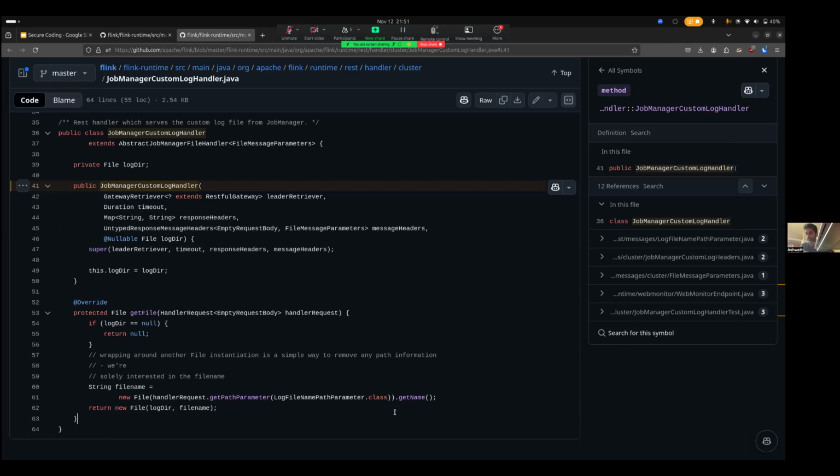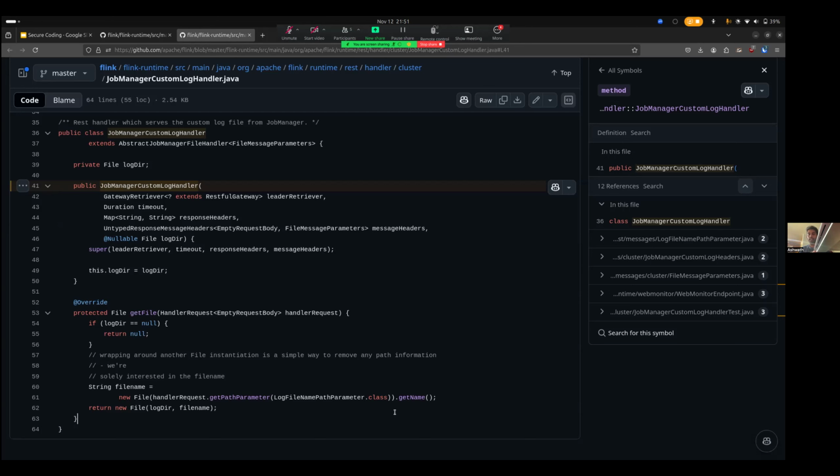So if you have dot dot slash something and you pass that to the getName function, it'll strip all the dot dot slash or any of those malicious things and give you an absolute path.